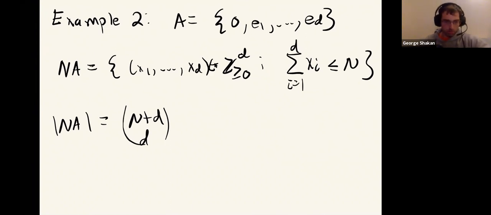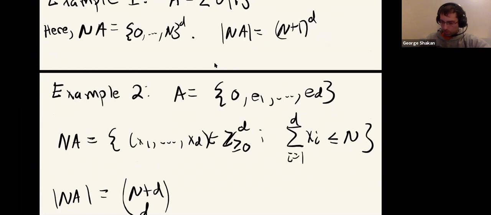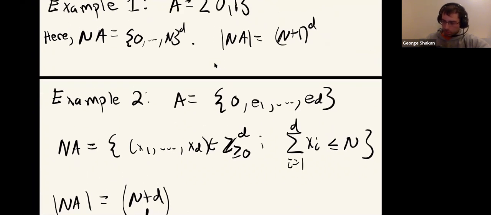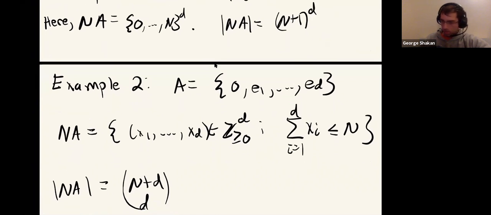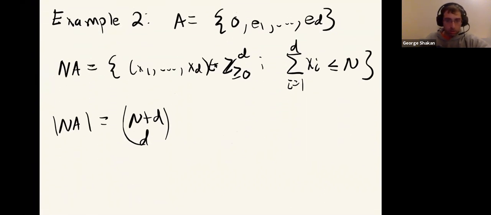So this will give you this. Okay. So the important thing, what Khovanskii-type theorems are about, is that both of these are polynomials of degree d in n. That's one common thing between these two examples. But let's look at a couple more.